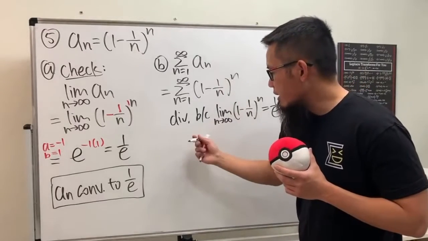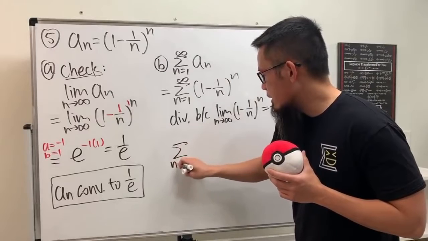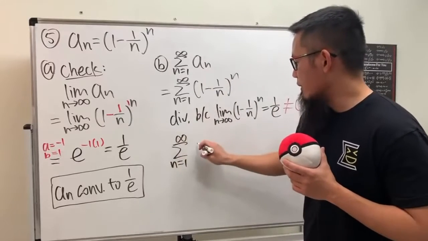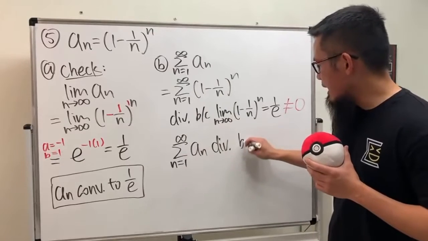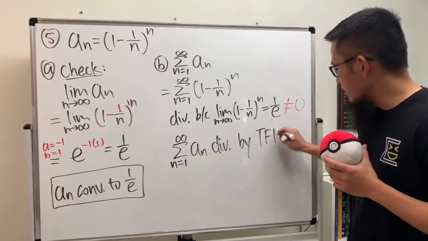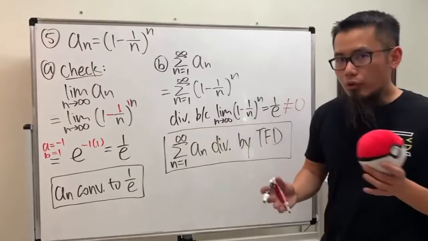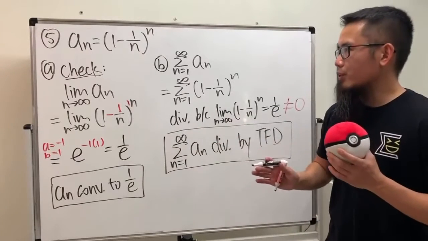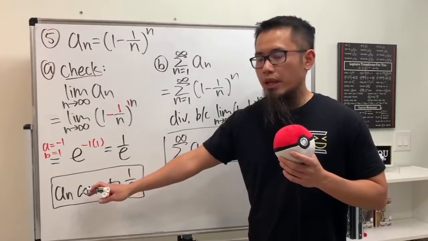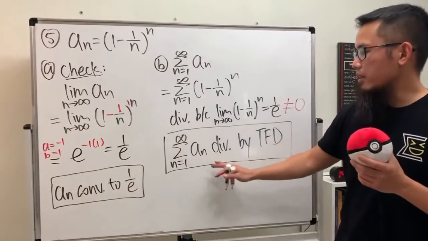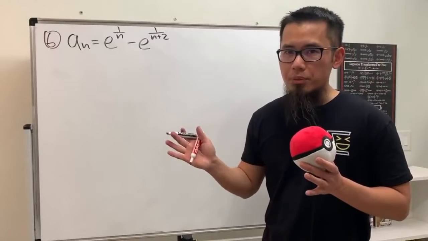Therefore, we can just say the series n goes from 1 to infinity of an, this right here diverges by test for divergence. So hopefully, by doing these 5 questions already, you notice the difference between an converges versus the series of an converges. So this is the formula that we have.